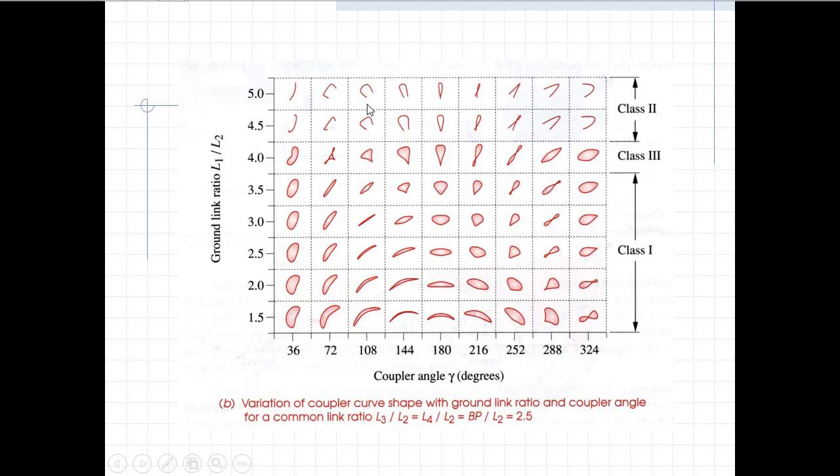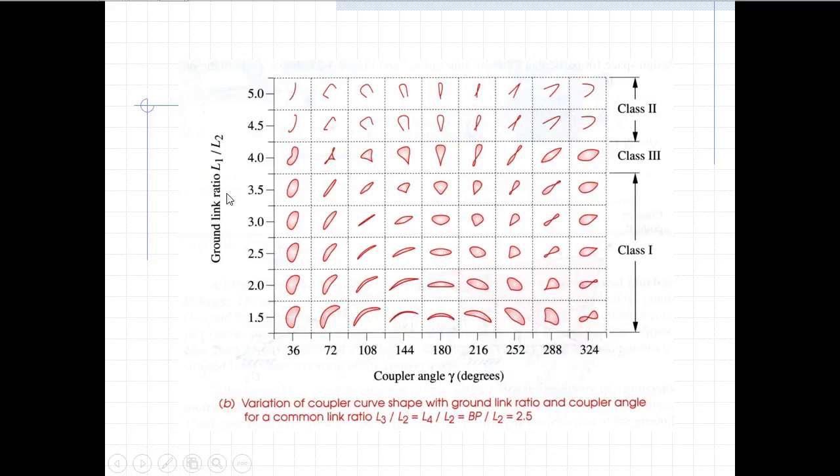This is a figure which shows a number of coupler curves that can be generated using our previous example. And these are all symmetric coupler curves, and they are created using the following numbers.